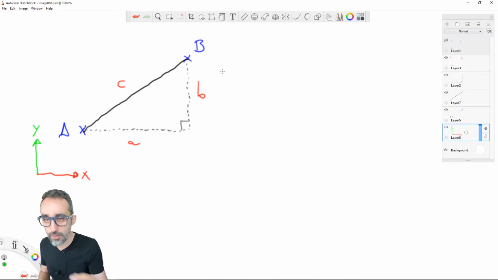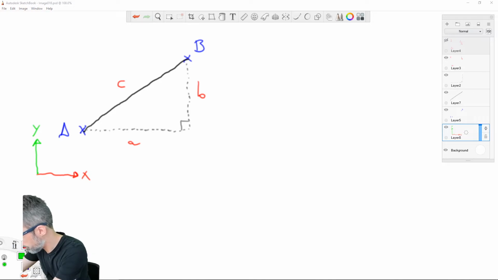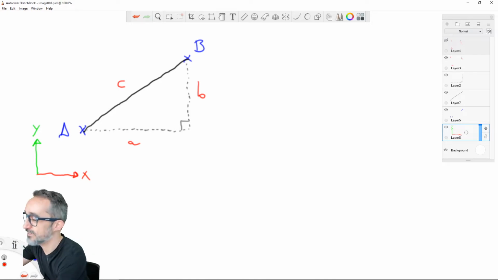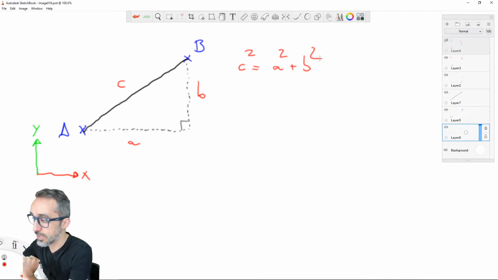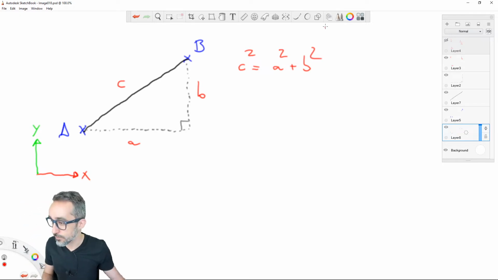If we know from the Pythagorean theorem that C squared equals A squared plus B squared, then we can elaborate a bit more on that.